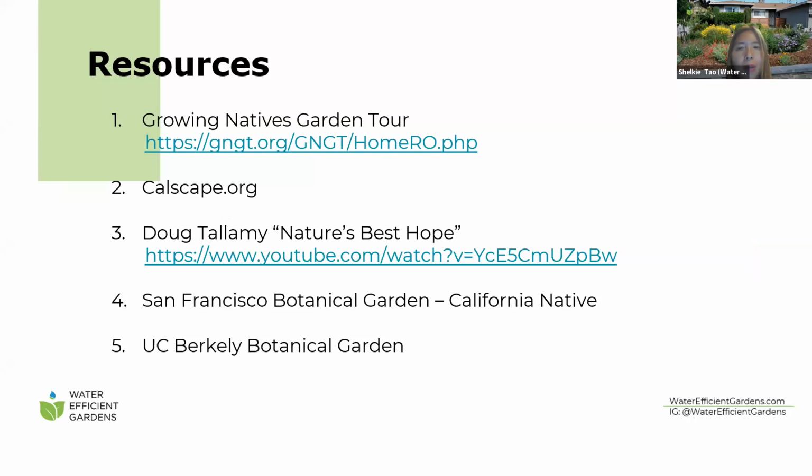You can search by anything like color, height, sun exposure, soil type. If you select any filters, it will provide you the list of plants that meet those conditions. So Calscape.org is the go-to site to research native plants.